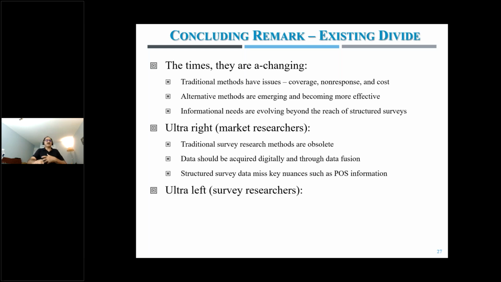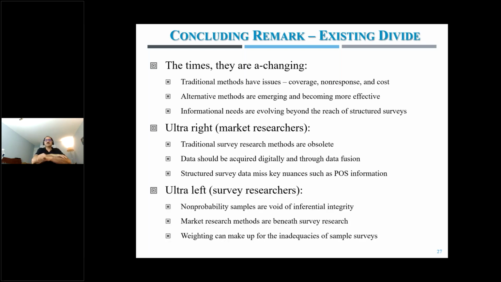On the other hand, I make the distinction between market researchers and traditional survey researchers. These are individuals who may still be operating based on the 1960s, 1970s realities. They don't like non-probability samples. They think that they are void of any inferential integrity.